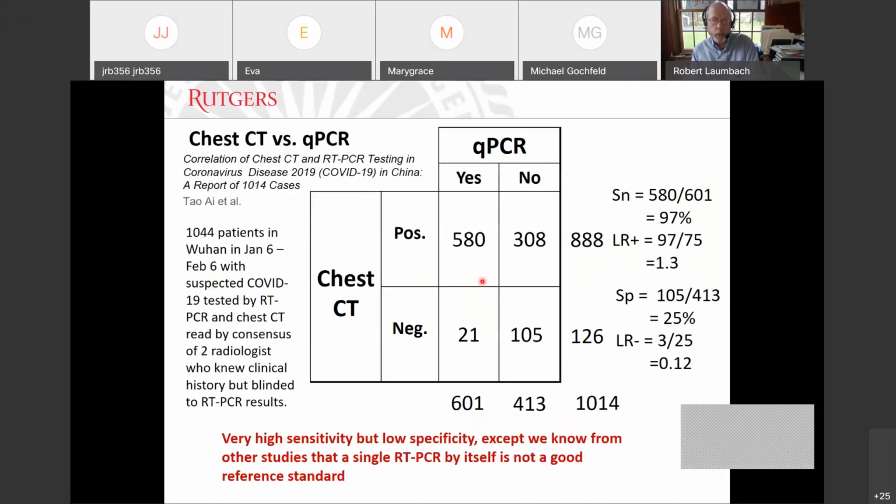This results from one study showing that, indeed, in terms of sensitivity, it's very sensitive. In patients who are in the hospital with serious disease, most of them, by radiographic review by 2 radiologists, were quote unquote diagnosed with having COVID-19 disease.